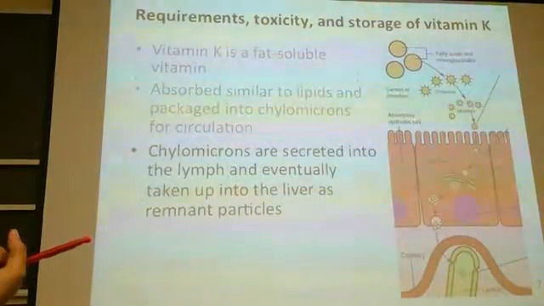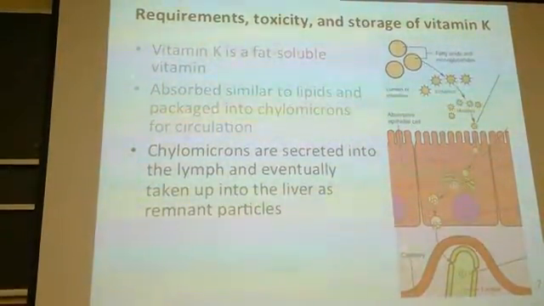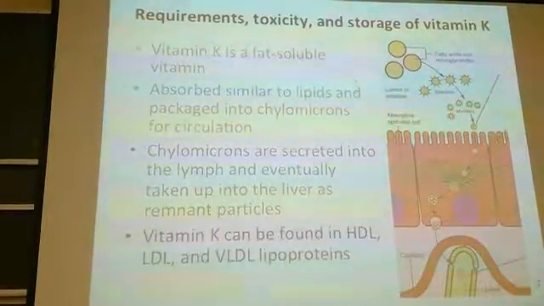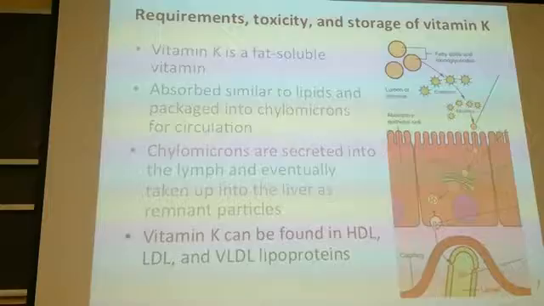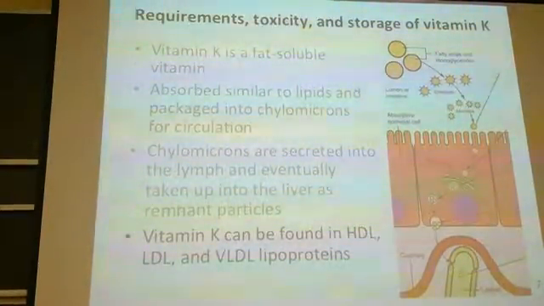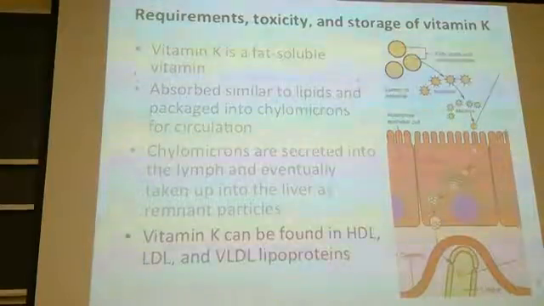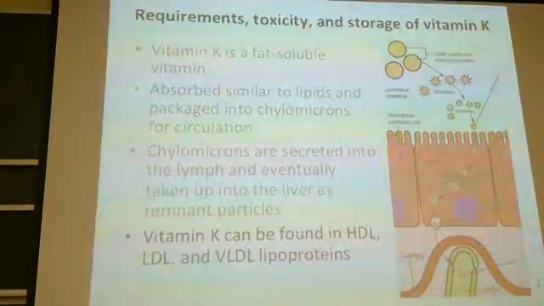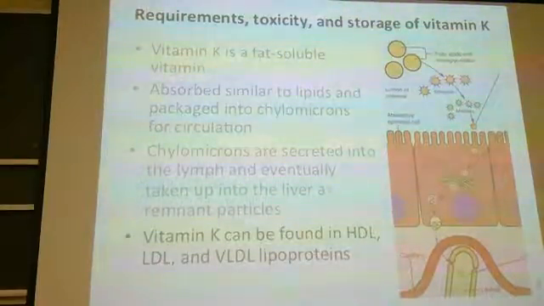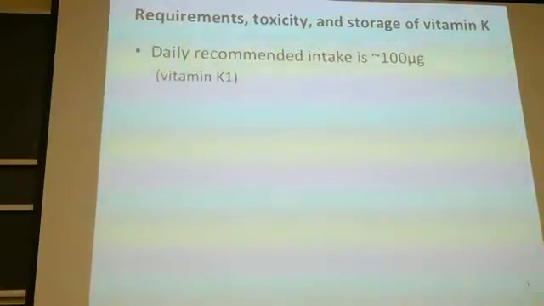And so that's the route of delivery for vitamin K from our gut to our liver. We can see vitamin K in HDLs, LDLs, and VLDLs as well. They'll be taken up as chylomicrons, but eventually they'll make it to the liver and can be repackaged into VLDLs, secreted from the liver, and circulated throughout the body.